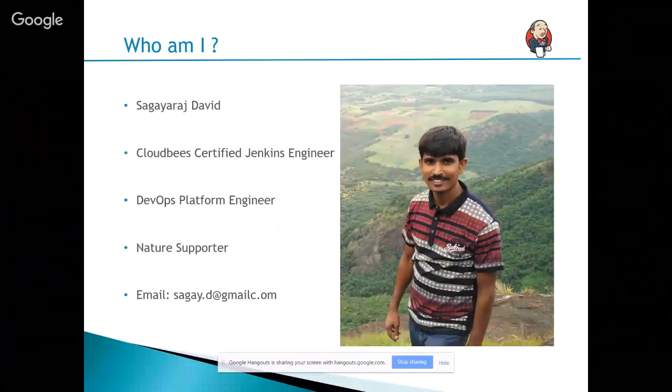So before I start, let me introduce myself. My name is Sagai Raj. I work as a DevOps engineer in Verizon, Chennai, and I am a certified cloud-based Jenkins engineer. I do love nature, and I try to follow in every possible way to help nature.